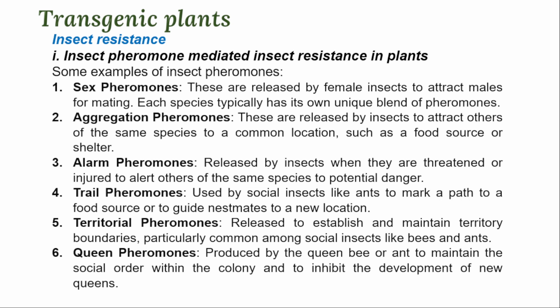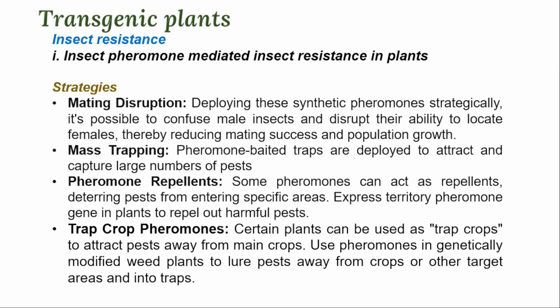What strategies can we use with respect to insect pheromones in genetically engineered plants to combat insect infestation? You can see we can disrupt the mating here. We engineer a plant in such a way that it produces mating pheromones.